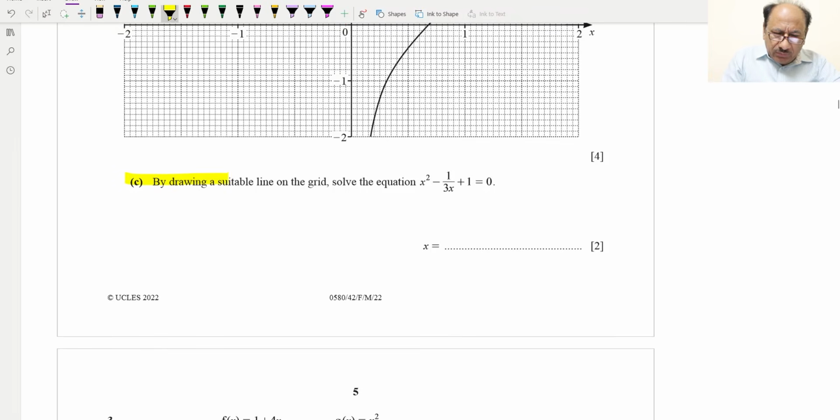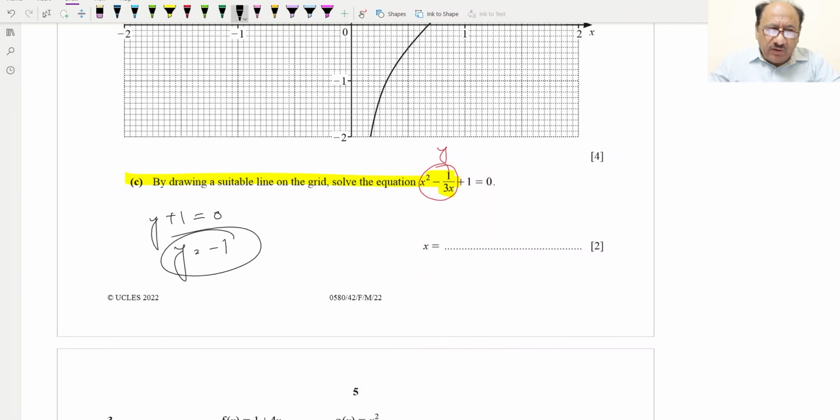What we have to do next is, by drawing a suitable line on the grid, solve this equation. If you compare, this part is our y, so our equation will become y plus 1 equal to 0. Y plus 1 equal to 0 means y is equal to -1.